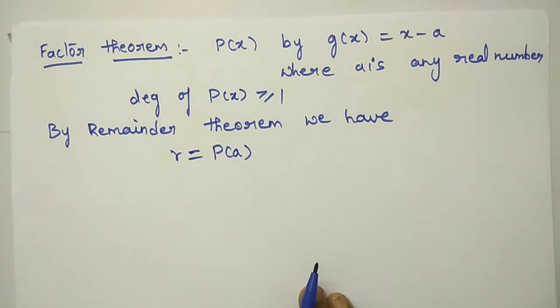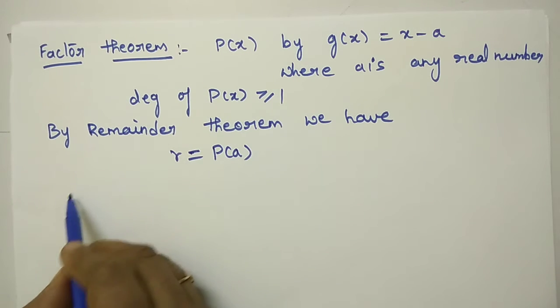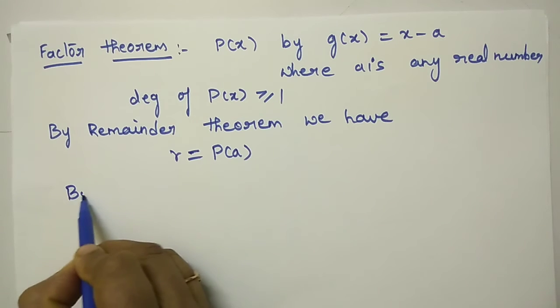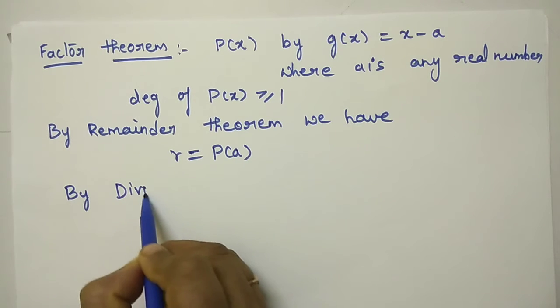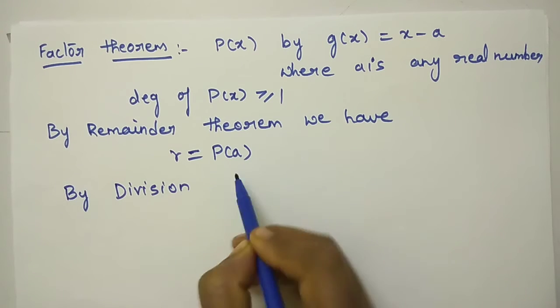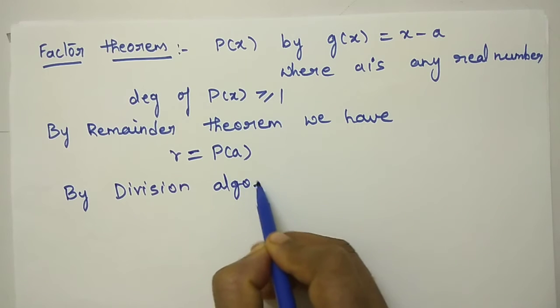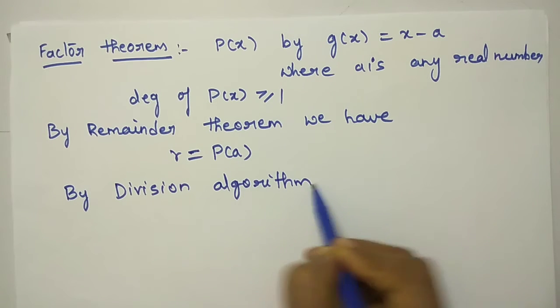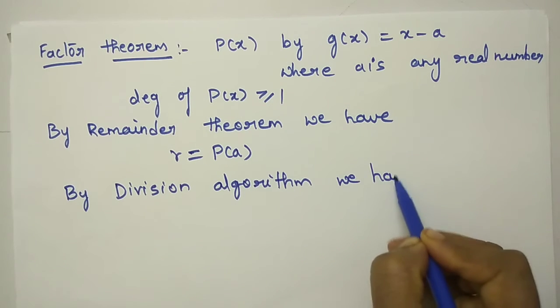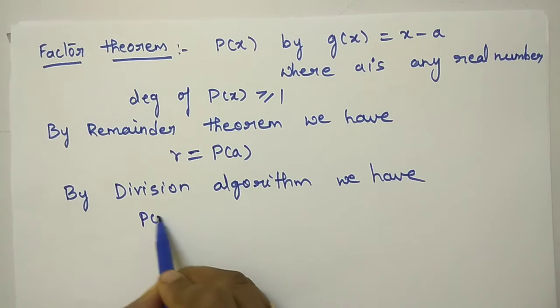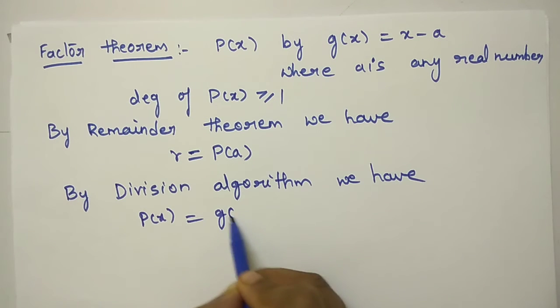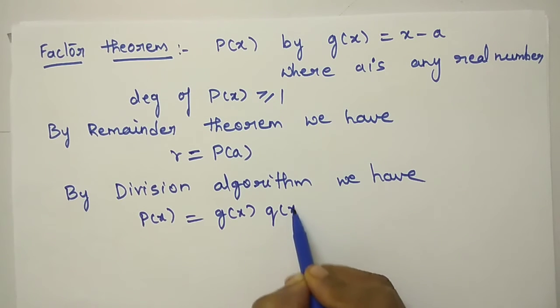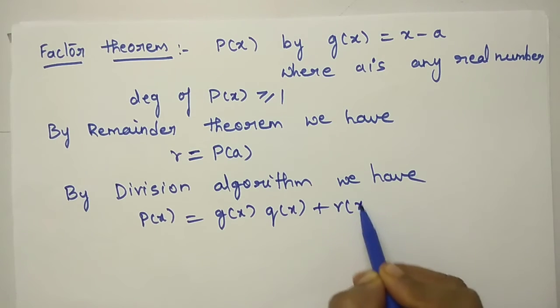Now, by the division algorithm, we have P of x is equal to g of x into q of x plus r of x, is it not?